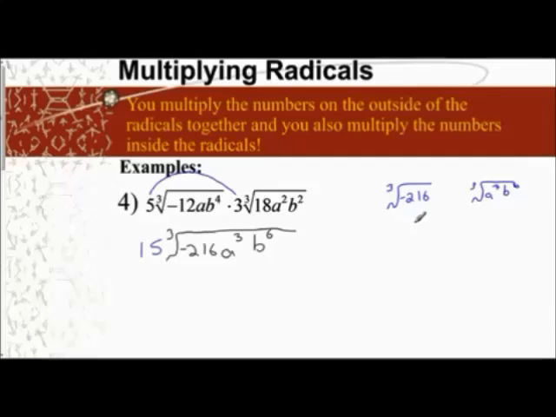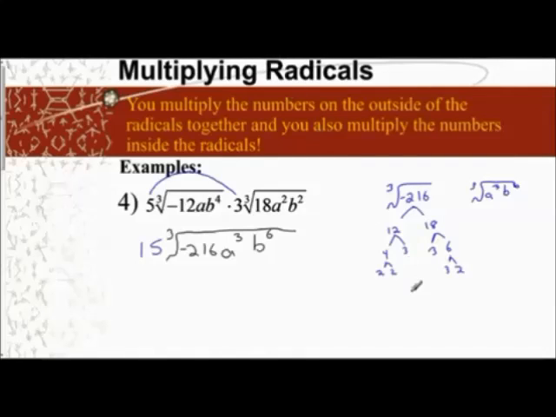Well, negative 216, I'm going to work with a positive, is 12 and 18. 12 is going to be 4 and 3. 4 is 2 and 2. 18 is 3 and 6. 6 is 3 and 2.